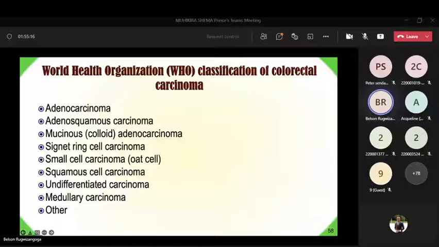Signet ring cell carcinoma is a subtype of mucinous carcinoma, and these are usually associated with poor prognosis. There is small cell carcinoma. Squamous carcinoma may happen, mainly when it is metastatic, and undifferentiated carcinoma, and medullary carcinoma, and the others.